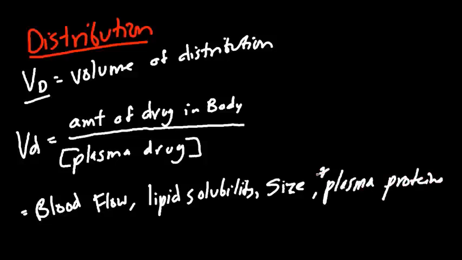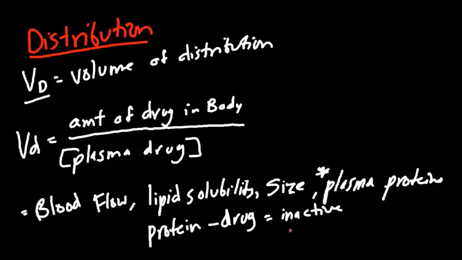This is probably one of the main ones I would like to emphasize, plasma proteins. This is because if you hear a drug being protein bound, so if there's a protein-drug interaction, it will be inactive. Only drugs that are free drugs are active.